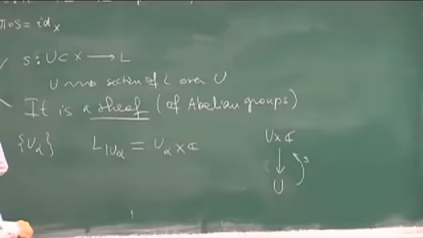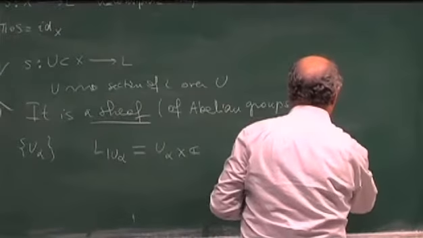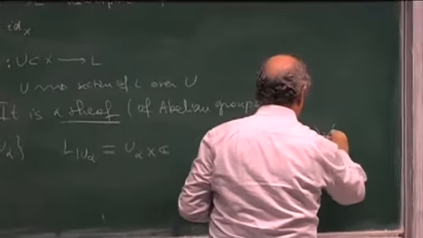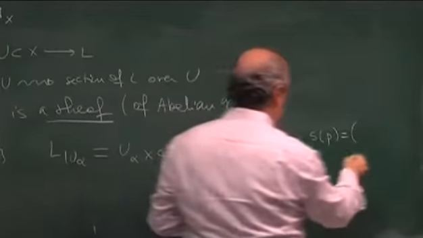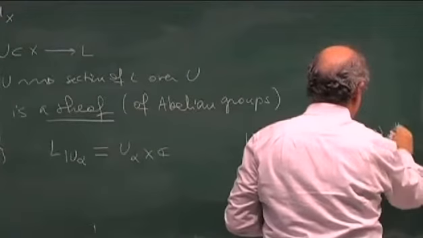In principle, this is a pair of objects: one goes to U, and one goes to C. So I will have something like p maps to (u(p), f(p)).